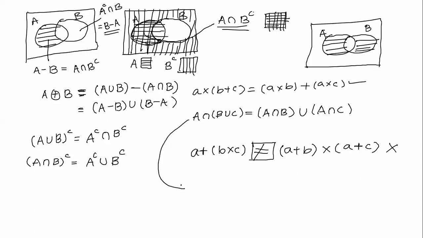And here, union is also distributive over intersection. So that is A union B intersection C, which is nothing but A union B intersected with A union C. So this happens.